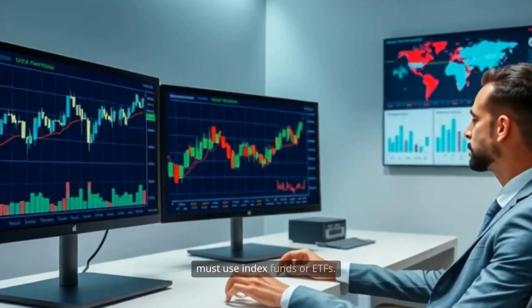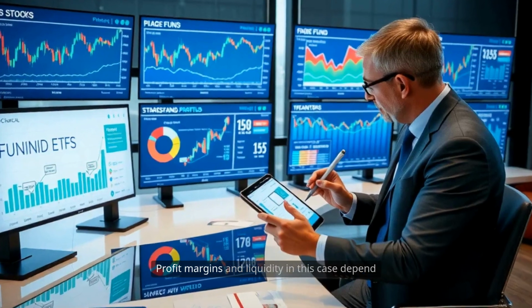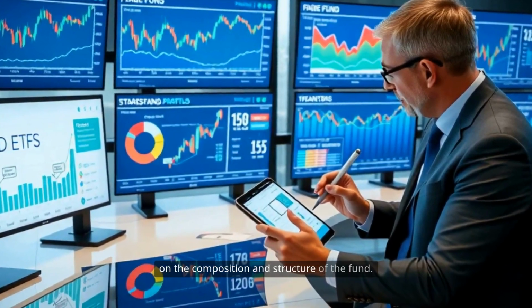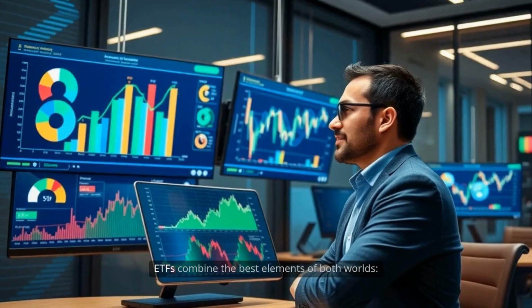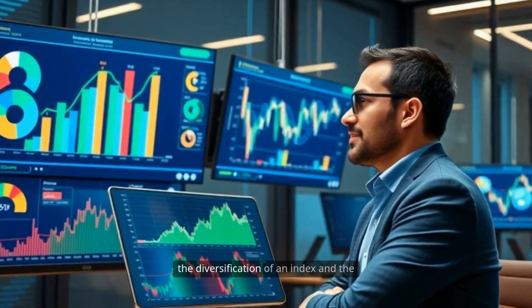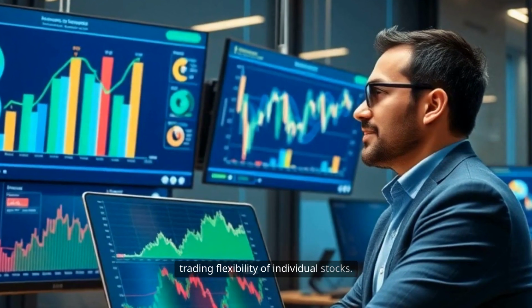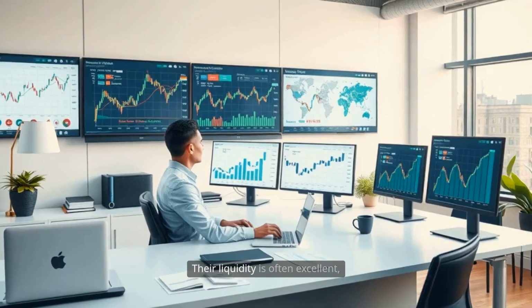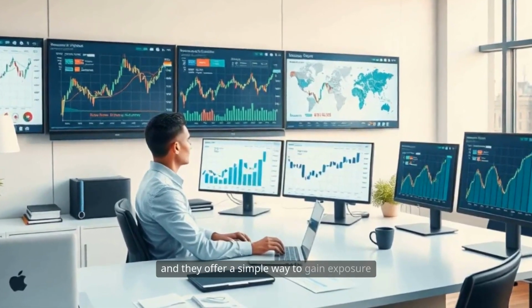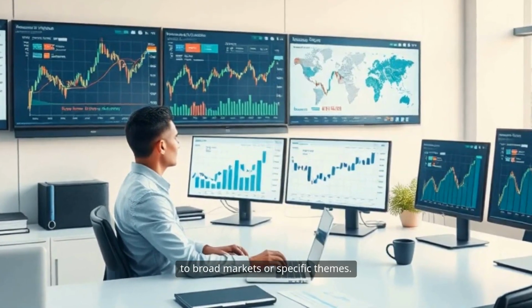Investors must use index funds or ETFs. Profit margins and liquidity in this case depend on the composition and structure of the fund. ETFs combine the best elements of both worlds: the diversification of an index and the trading flexibility of individual stocks. Their liquidity is often excellent, and they offer a simple way to gain exposure to broad markets or specific themes.